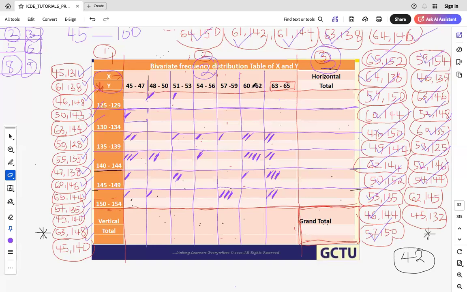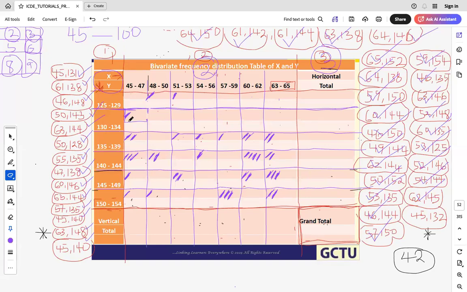62 is in this column. So we go down looking for 145, and then we land in this cell for the second time. This is done. And then the last but not the least, 45 against 132. So 45 is here.